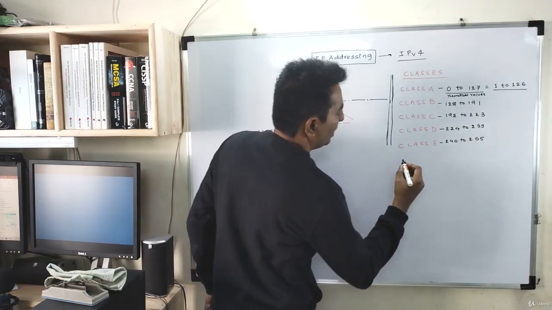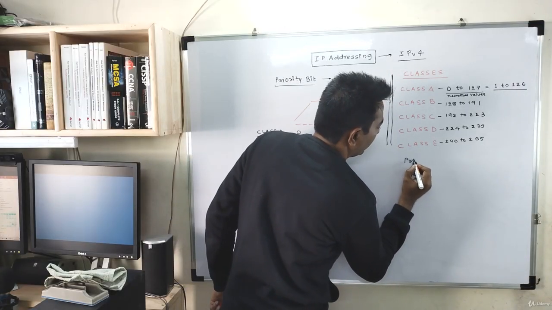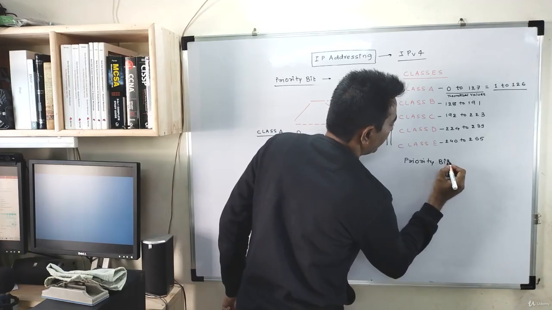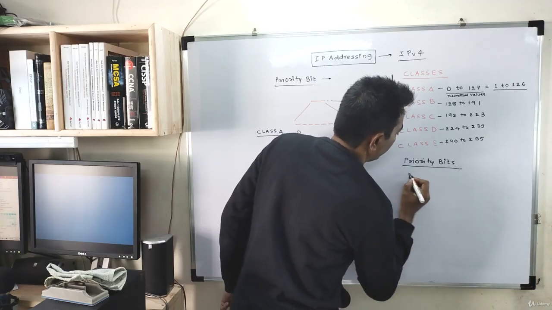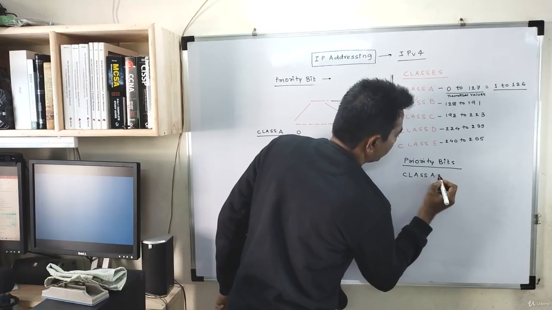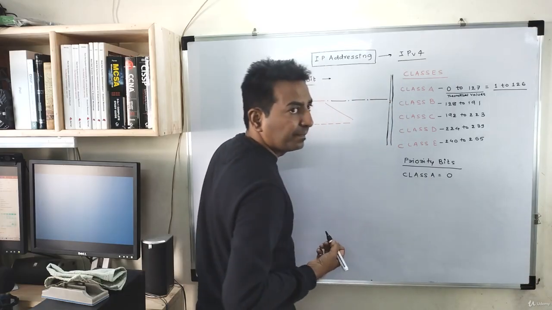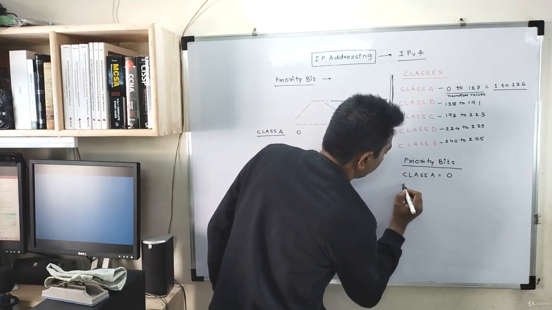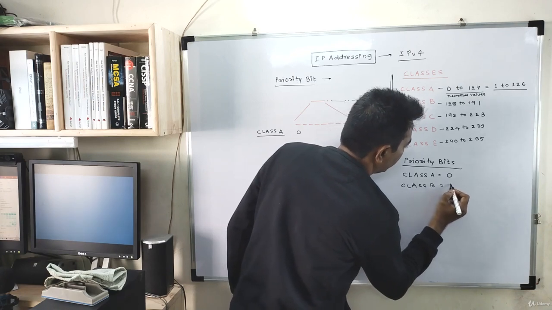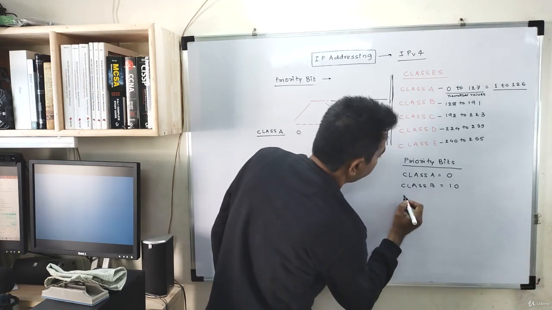So priority bits. Class A, the priority bit is defined as 0. For class B, the priority bit is defined as 10.